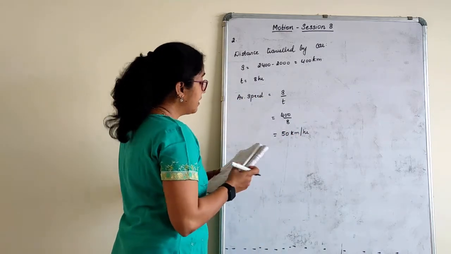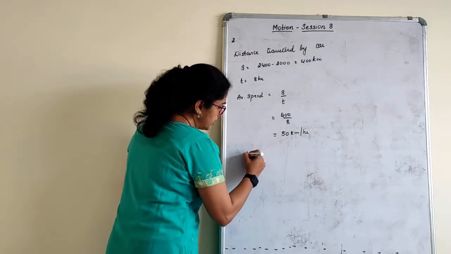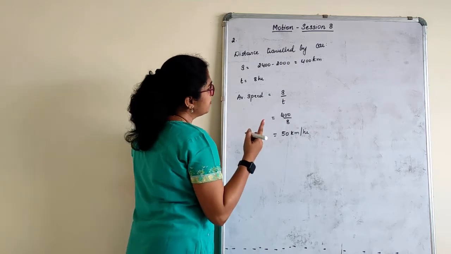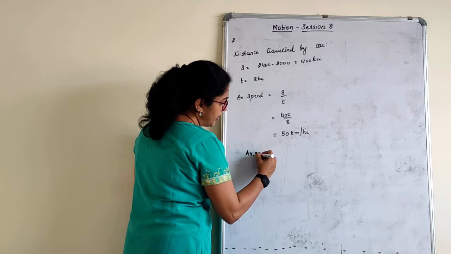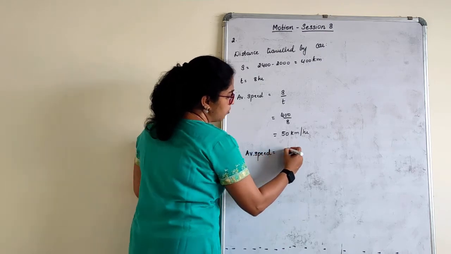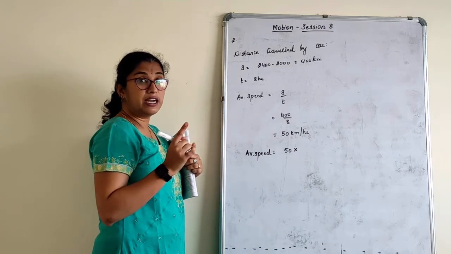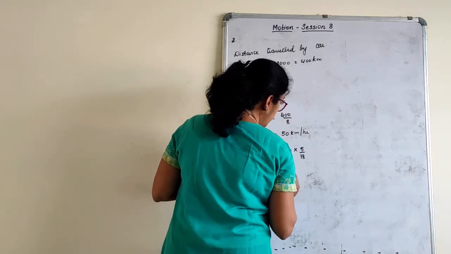Now I need to find the answer also in terms of meters per second. What we will do here is, don't do the whole calculation once again and convert that in meter, this in seconds, not required. Simple thing. Once again I will write average speed is equal to 50 into, how to convert kilometer per hour to meters per second, children? 5 by 18.